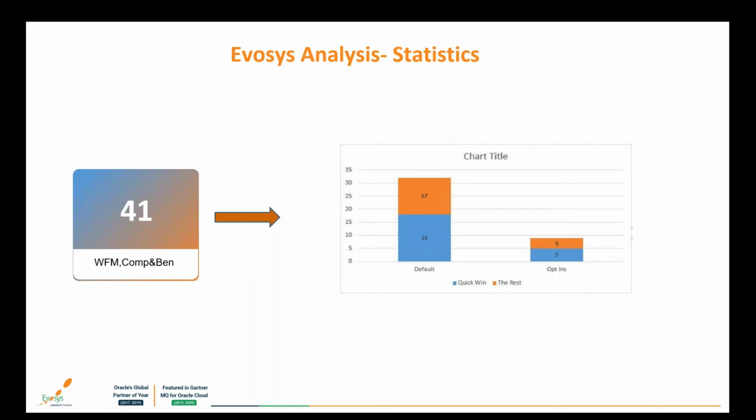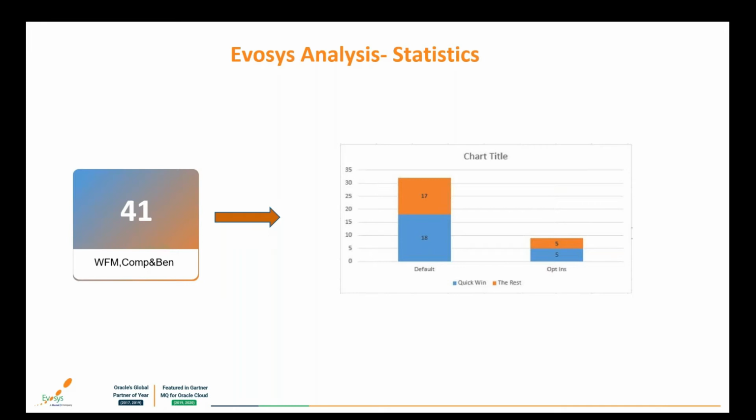Out of these, based on our impact analysis, we have 17 features that are enabled by default and are considered as a quick win. And we have 5 features that are opt-ins and are also considered to be a quick win.